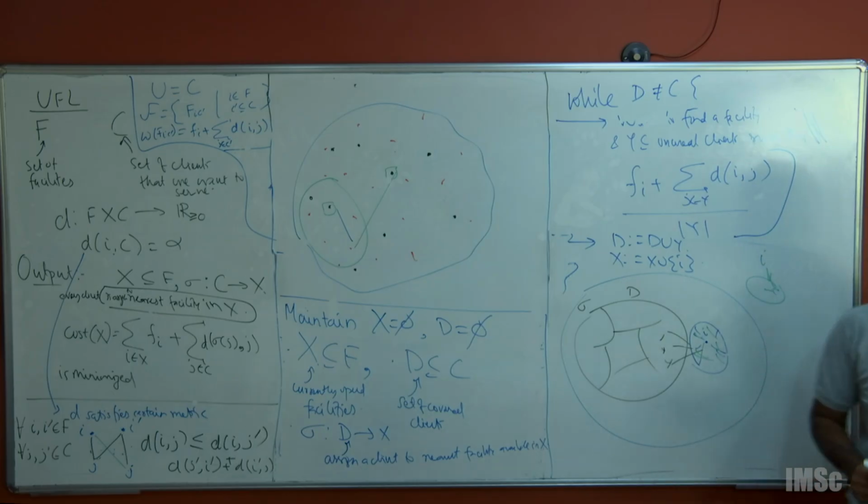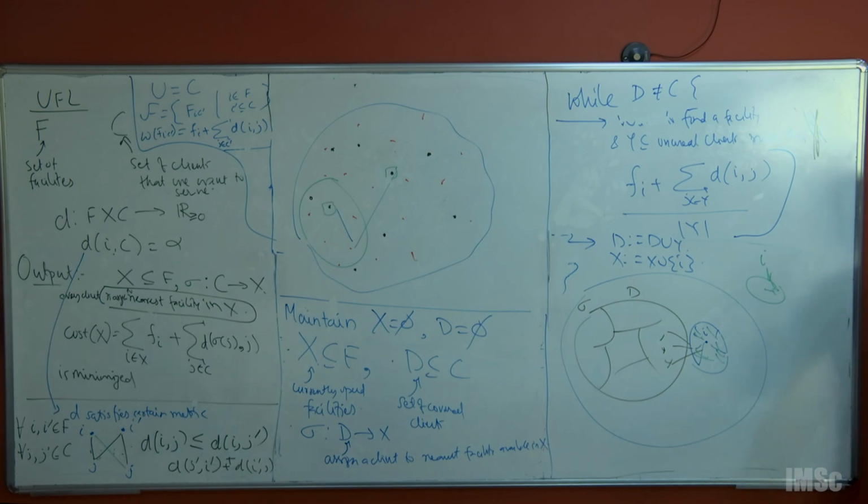If I can give you a polytime algorithm that takes an uncovered element and gives me an I and a subset of clients whose corresponding set is the most cost efficient, I'm done.